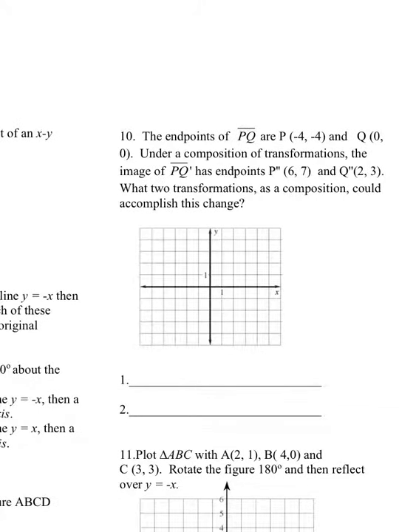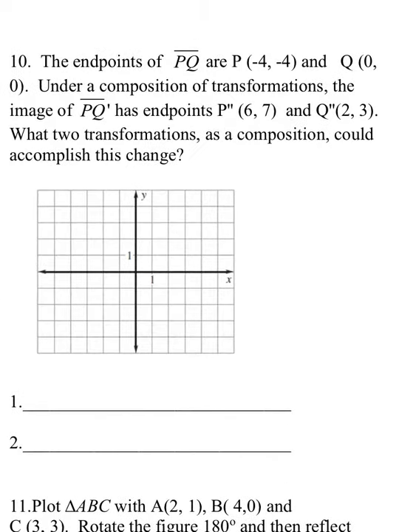The endpoints of PQ are -4, -4, and the origin, 0, 0. Let me see if I can make this a little bit bigger. 1, 2, 3, 4, 1, 2, 3, 4. There you go.